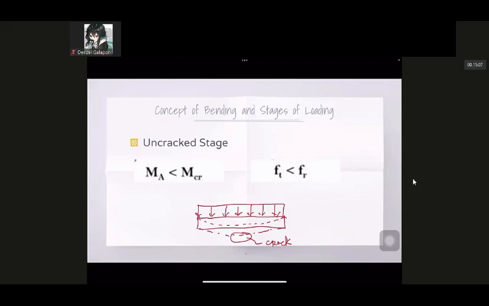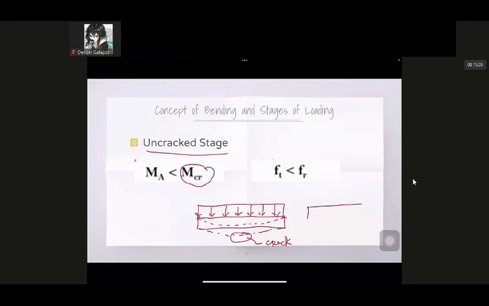Kung hindi pa nag-crack itong part na ito, that is what we call the uncracked stage. So there is a certain moment, or what we call the cracking moment, wherein kayang-kaya pang humawak ng concrete ng tension and compression. That's what we call the uncracked stage.